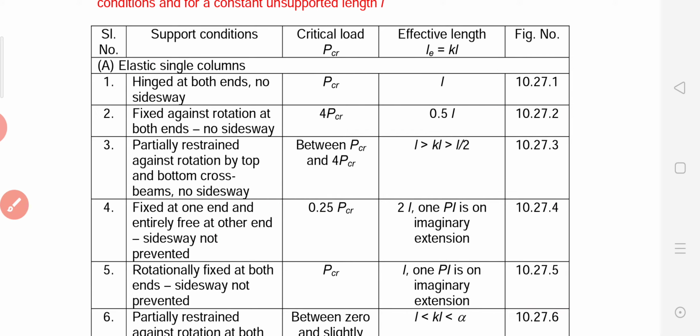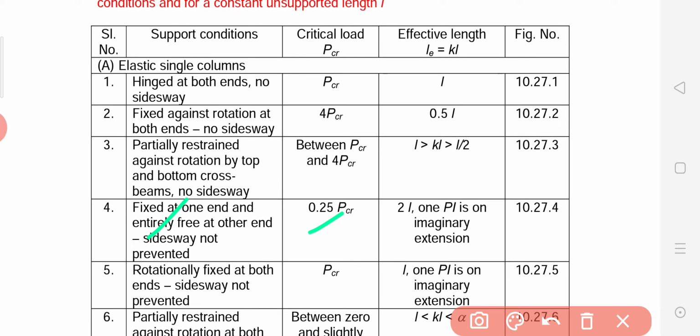When fixed at one end and entirely free at the other end, sideway not prevented, then we take the critical load 0.25 PCR and effective length 2L. One PI, one point of inflection, is on the imaginary extension.